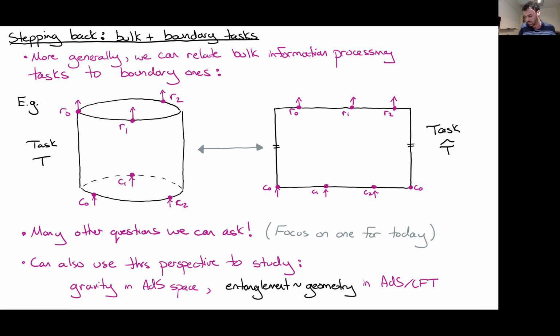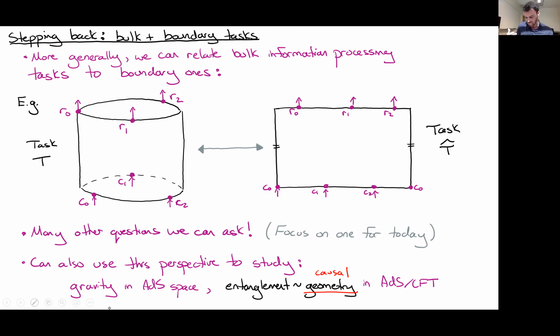One thing we've been doing is using it to relate features of bulk geometry, in particular causally defined aspects of geometry, to features of entanglement in the boundary. The theorem I was just describing on the last slide is an example of that, where you say, if this intersection of light cones exists, then the mutual information is large. So that's another direction we've been taking this.